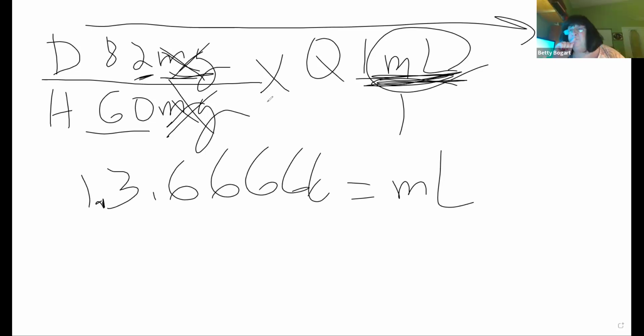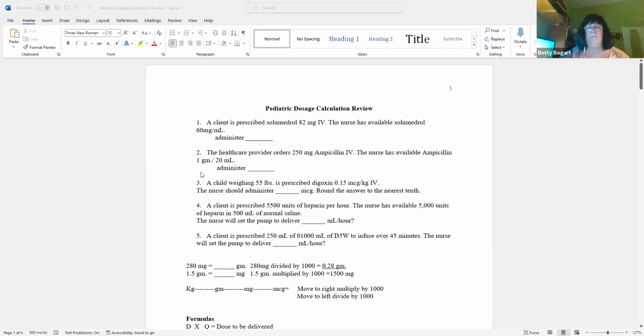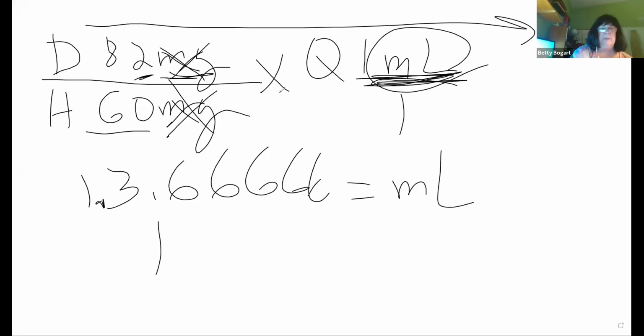No. Before you do that, go back to the question. What do they want before you do anything? Well, this one doesn't tell you. Usually it will say like number 3, round to the tenth, round to a whole number. This one doesn't. So yes, you can take the 1.3666 and make it, because this number is 5 or greater, it makes that number sitting next to it a 1.4, and that would be your answer.